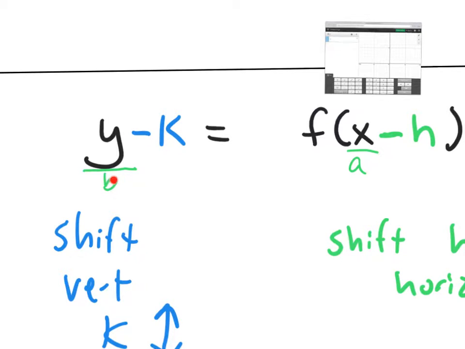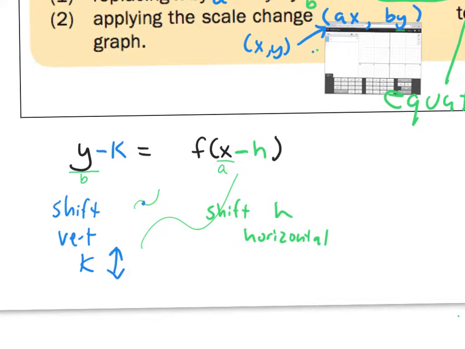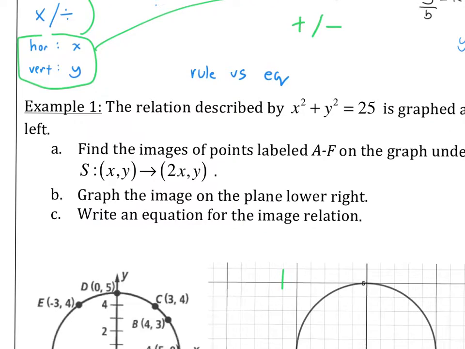This one is a stretch up or down, and this one's a stretch left or right. And if we do them all at the same time, then I could make the graph get much larger and shift it over to a different place. So all of these effectively are working in tandem to do my transformations.